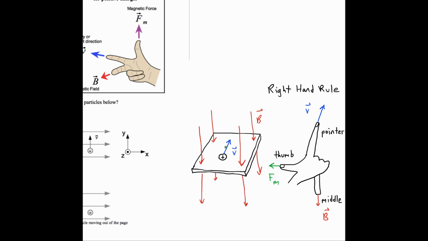So when we go to the 3D diagram to draw the direction of the force, we want it to be a new direction which is different from the other two. So as this particle moves across that plane, it's going to feel pushed to the left due to its motion in the magnetic field.